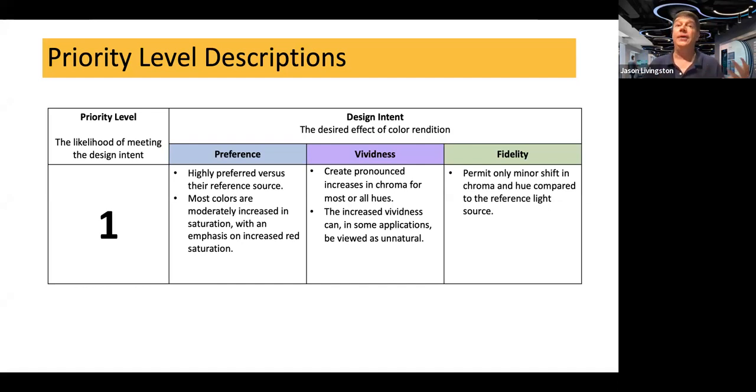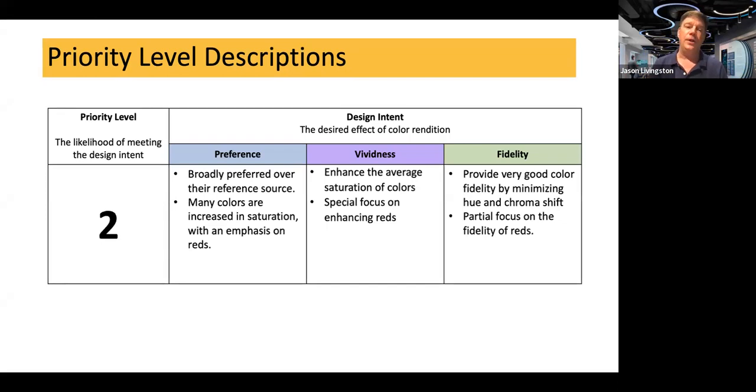Or the products that are available perhaps are not as readily available, or perhaps they're not the least expensive. Maybe they cost more. Fine, in that case, perhaps I want to look at fixtures that meet priority level 2, right? So still preferred, still enhancing vividness, still meeting the goals of fidelity, but with a slightly broader set of criteria.